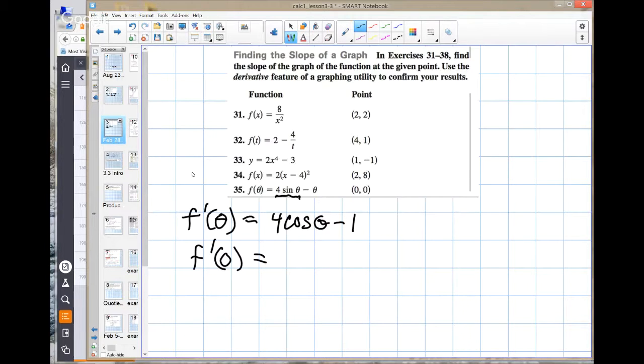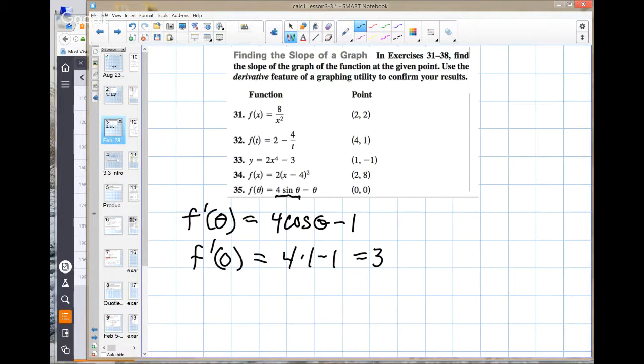What's the cosine of 0? That's a 1. So 4 times 1 minus 1, and the answer should be 3. So the slope of the tangent line at the point 0, 0 should be 3.